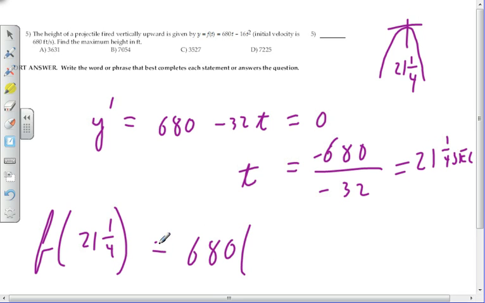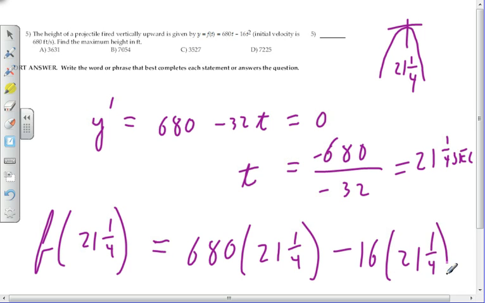Okay, so that's going to be 680 times 21 and a quarter minus 16 times 21 1/4 squared.